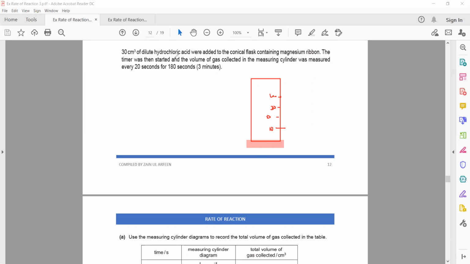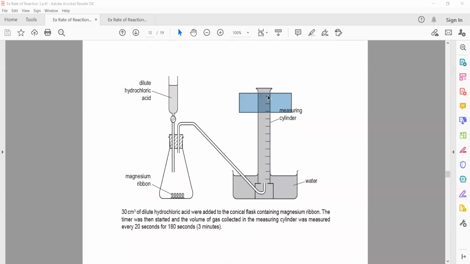But if you invert this, then 10 will be up, it will be upside down. So you will have 10, 20, 30, 40 and so on. This is the open part of the measuring cylinder, but you use it upside down for this experiment. That is why 10 is up, like 10, 20, 30, 40 and so on.